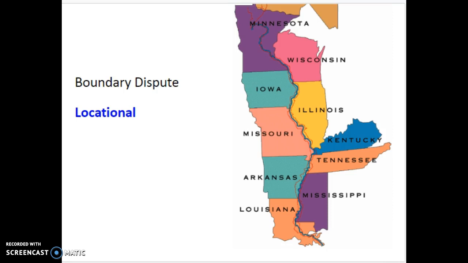So the question is, how do we define that boundary now? How do we put it on the map? Do we go by where the Mississippi River is now, or do we interpret it where the Mississippi River was when the agreement was put in place? That can cause conflict if you're looking at a locational, territorial boundary dispute.